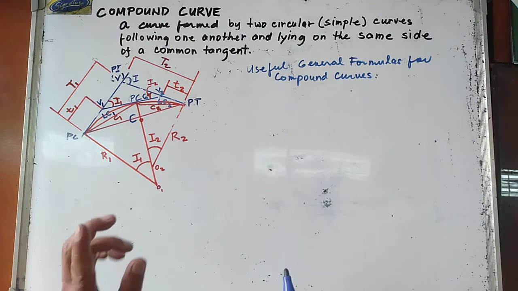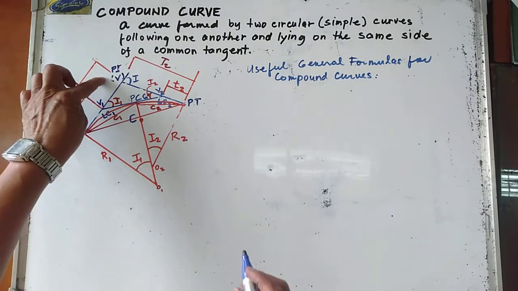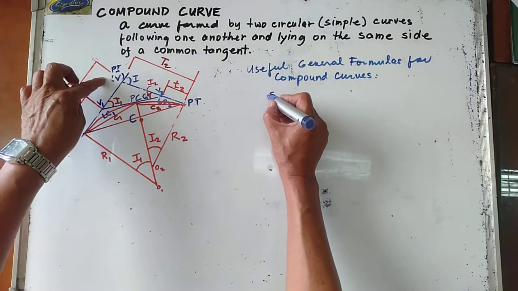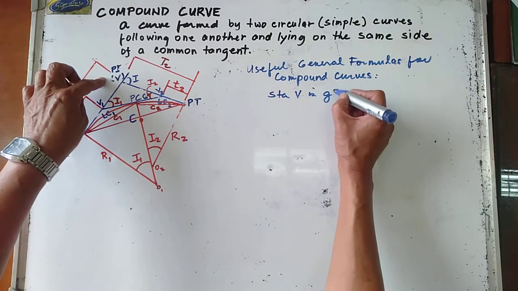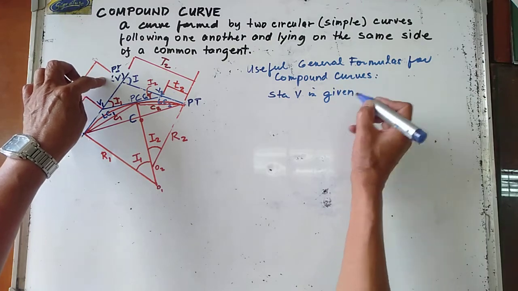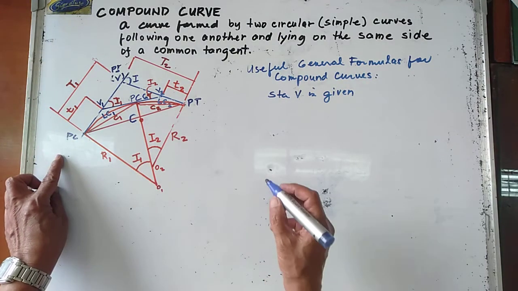Now, supposing station V is given, so station vertex is given. Let us try to determine station PC.